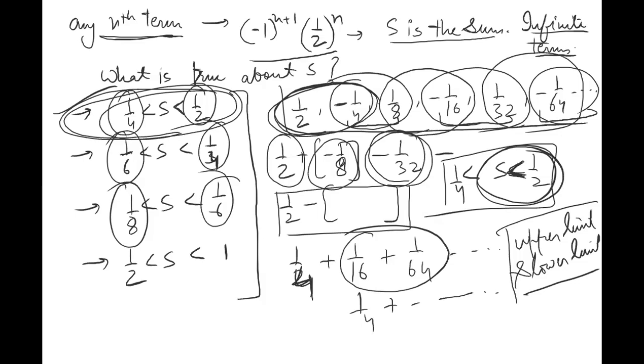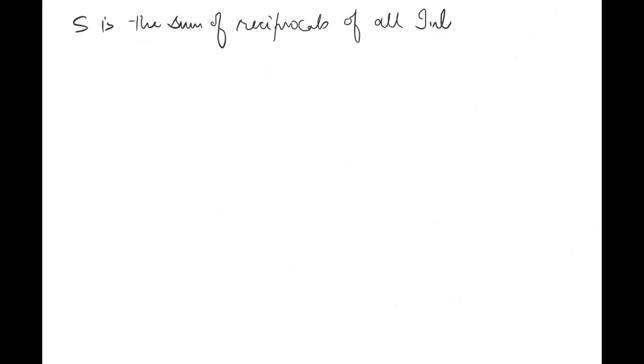Let's take one more question of the same similar type, I would say. So S is the sum of reciprocals of all integers from 201 to 300. Okay, so again, what can be said about S?